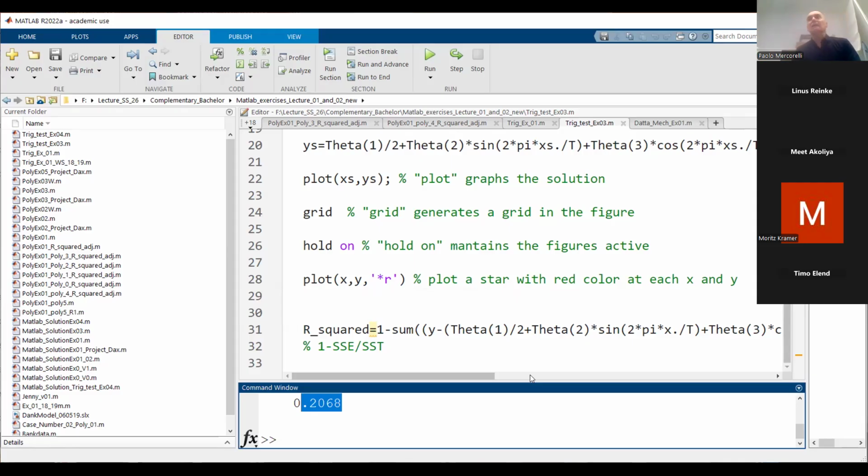But if you remember, R square, excuse me, we don't have R square adjusted.